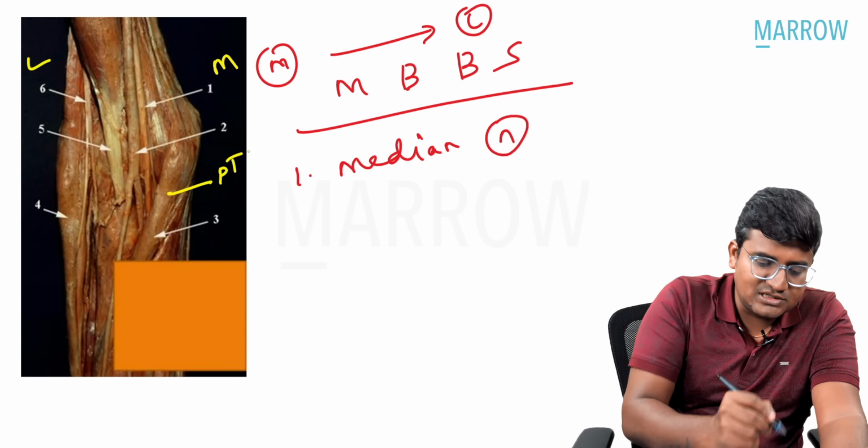The anteriormost structure is our pulmonary vein. So number 1 is our pulmonary vein. Next to the pulmonary vein, number 2 is our pulmonary artery.